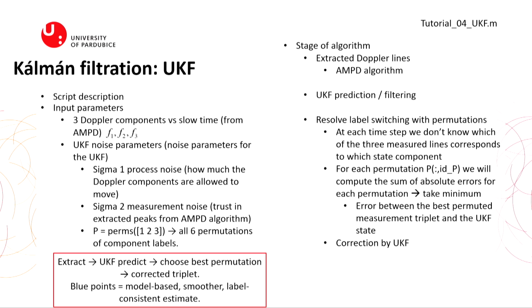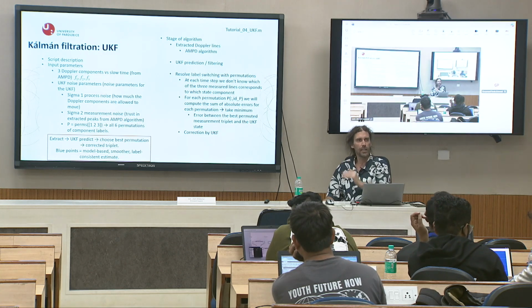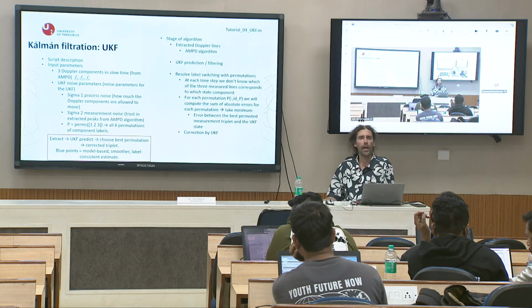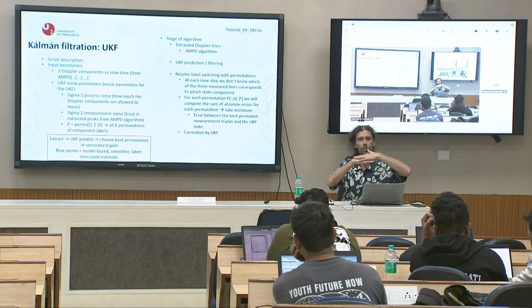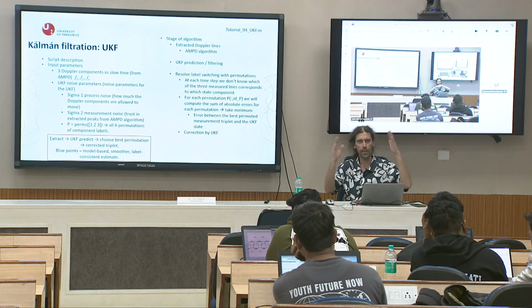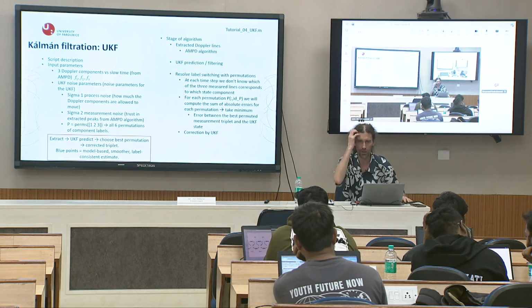So you need to make 1, 2, 3, 1, 3, 2, 2, 1, 3, and all these 6 combinations, and make a difference between predicted and computed values, and the lowest error is the best value.